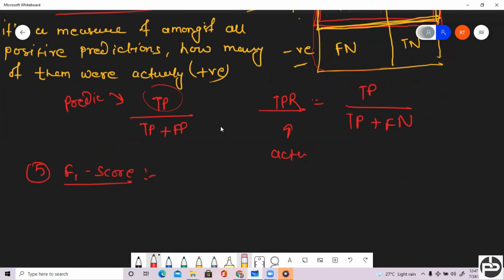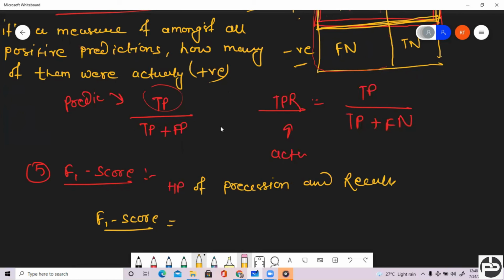F1 score is the harmonic mean of precision and recall.